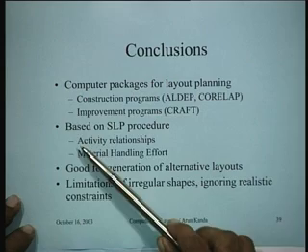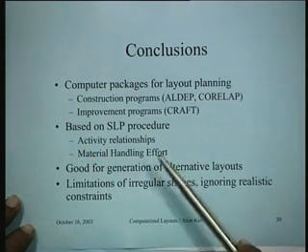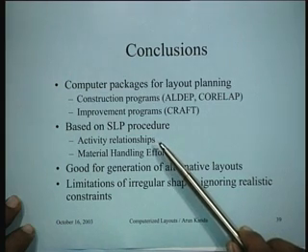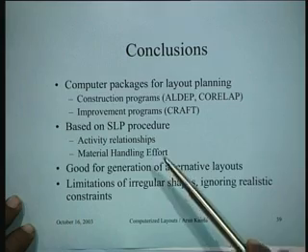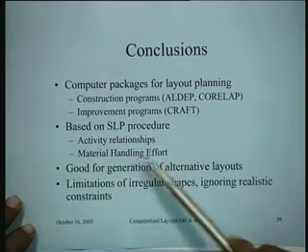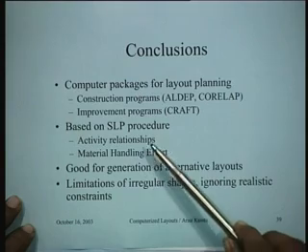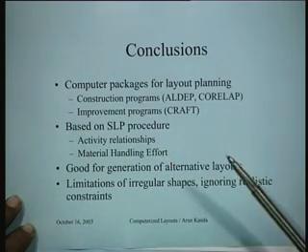And there were two measures which were commonly specified. One was the activity relationships in the form of AEIOUX, and the other was the material handling effort. So for instance, in Craft, material handling effort was taken as the objective function. In LDAP and CoreLab, the activity relationships determined the objective function.